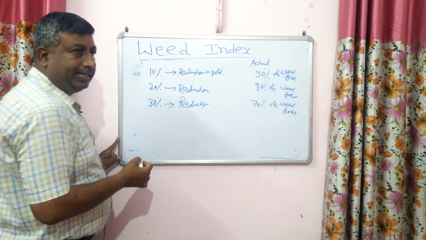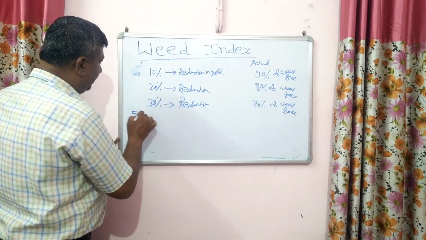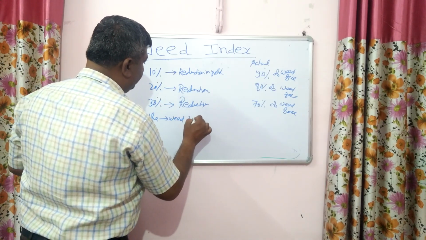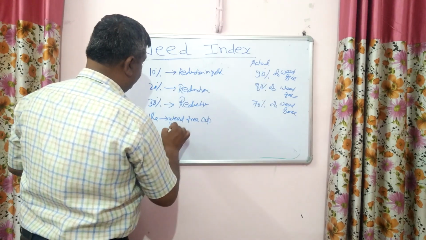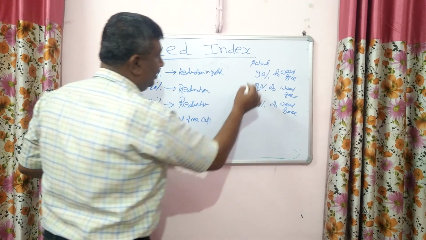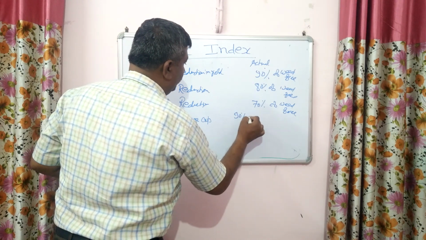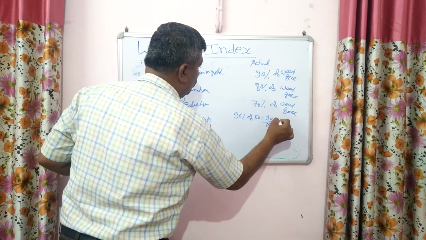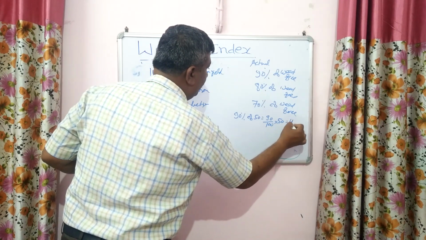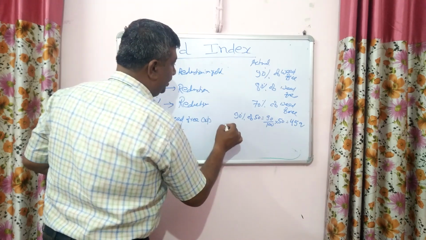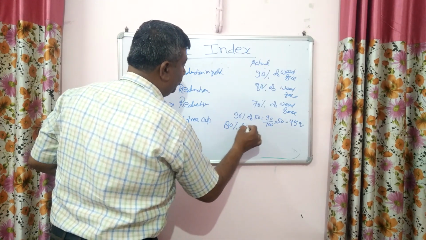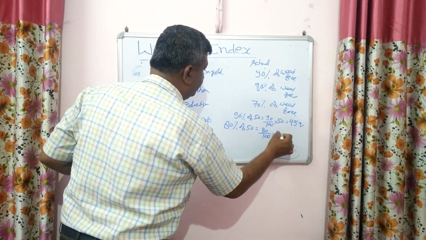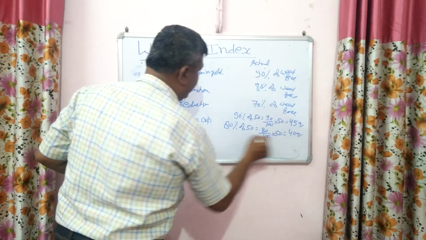Or suppose weed free is 50 quintal per hectare, weed free crop yield. Then 90% of 50 is 90 upon 100 into 50, that is 45 quintal per hectare. Then 80% of 50 quintal per hectare, that is 80 upon 100 into 50, that is 40 quintal per hectare.